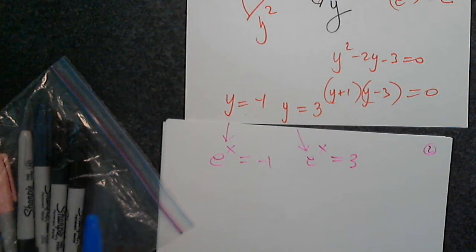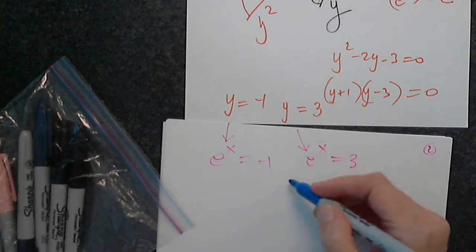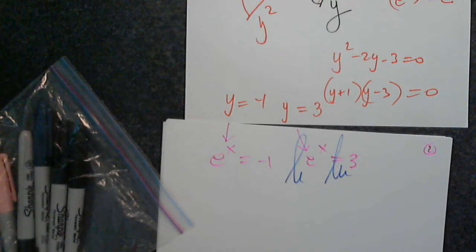Okay, let's start with the second one. How will you solve the second one? Very good. We apply natural log to both sides. So what do we have on the left-hand side when we apply natural log to both sides?